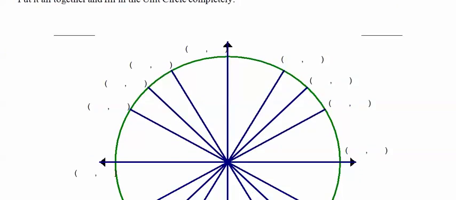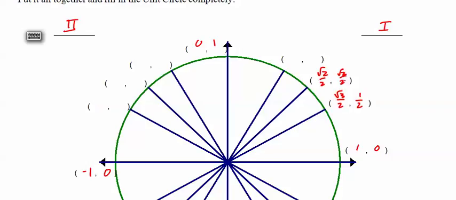the whole thing out. The parts that I haven't talked about are, actually I might go through it real quick. The radians, then we have 1, 0, 0, 1, negative 1, 0. This is going to bother me because I can't do the bottom half at the same time. Root 3 over 2, 1/2. Root 2 over 2, root 2 over 2, 1/2, root 3 over 2.